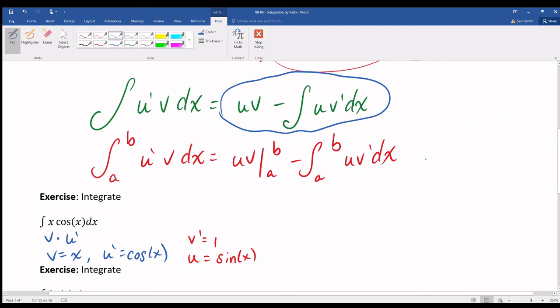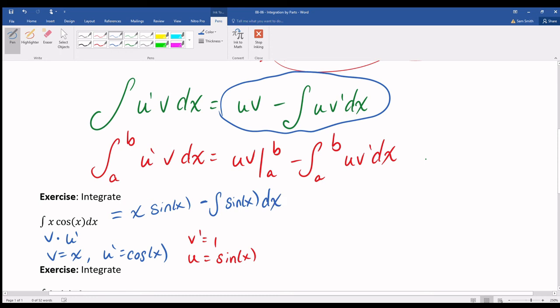Okay, u times v is x times sine x. Then u times v prime, the integral in the back: u is equal to sine x, and v prime is equal to 1.